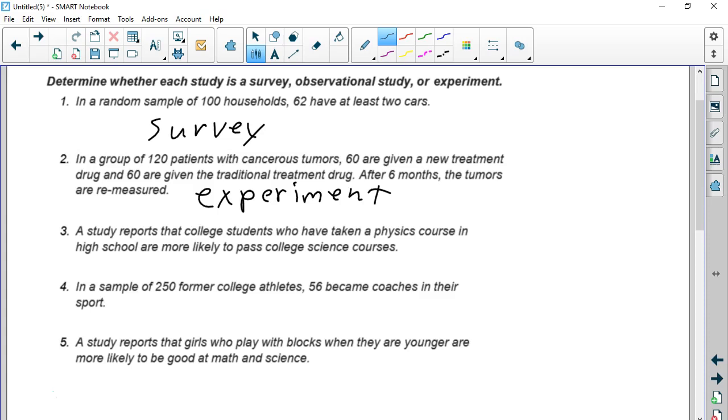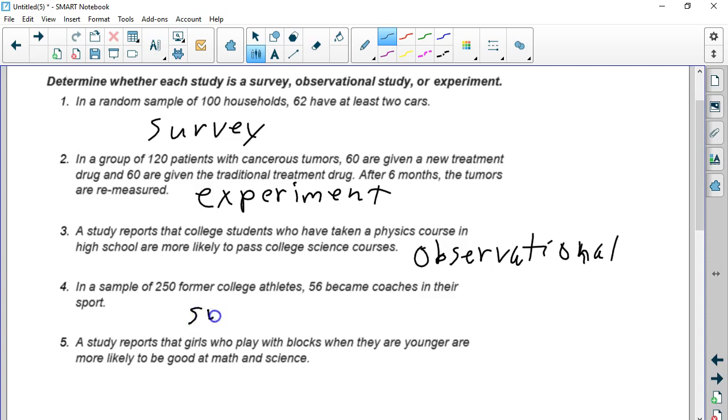3, a study reports that college students who have taken physics in high school are more likely to pass college science courses. Again, you're just looking back at data that's already occurred, so you're observing. This is observational. You're just looking over old data. 4, in a sample of 250 former athletes, 56 became coaches in their sport.